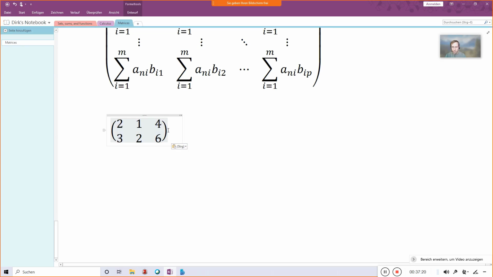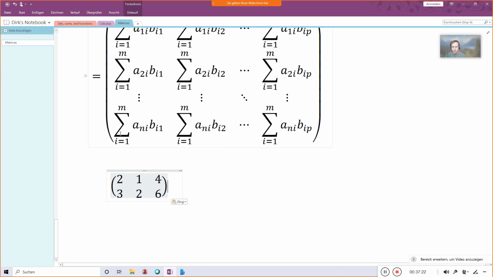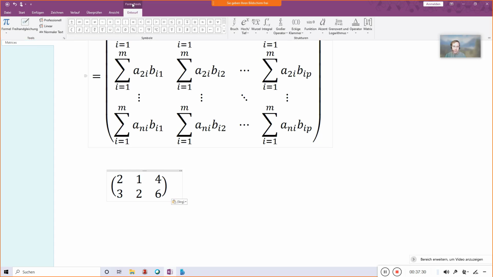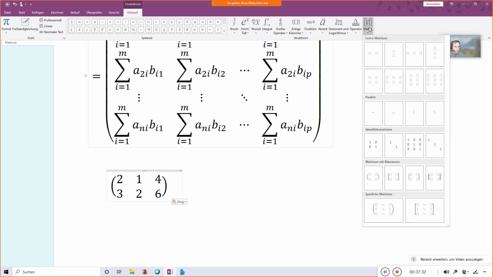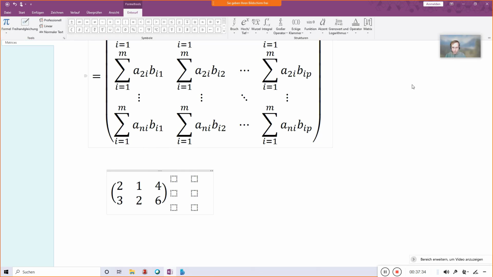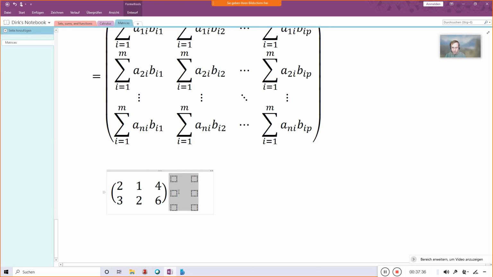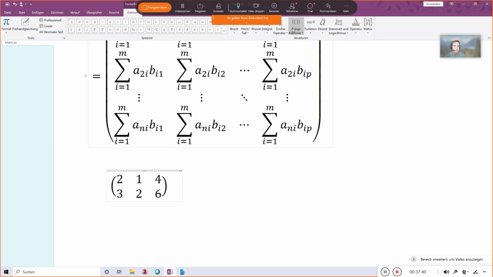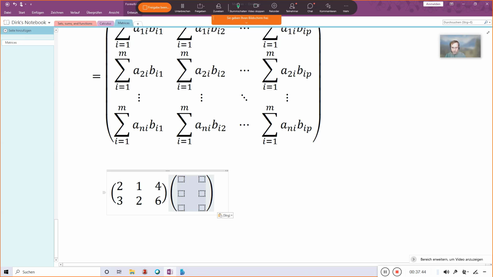If we want to form a matrix product, we of course need a matrix with 3 rows, and we can take how many columns we want, but let's say we want 2, to keep everything at bay here. And let's put this into brackets.